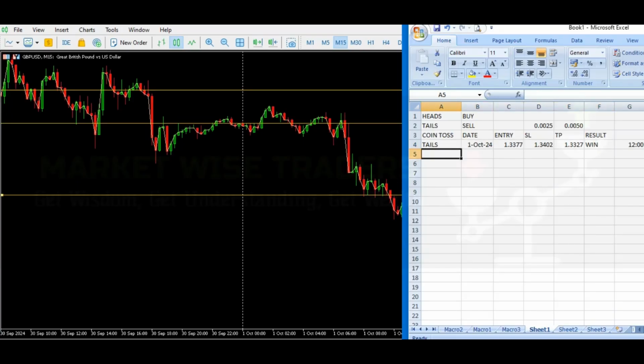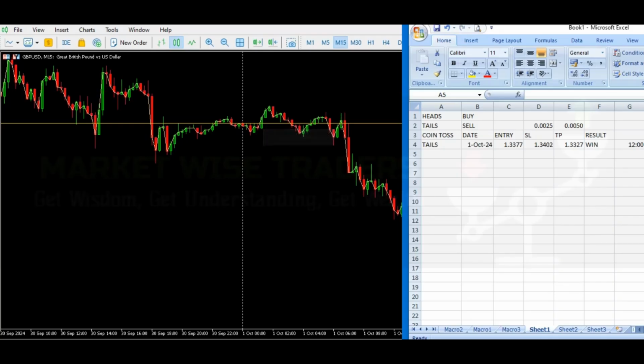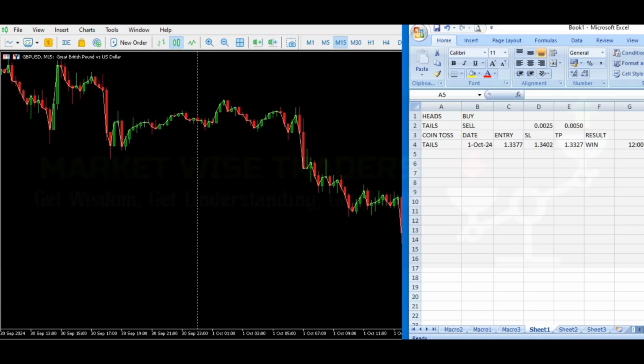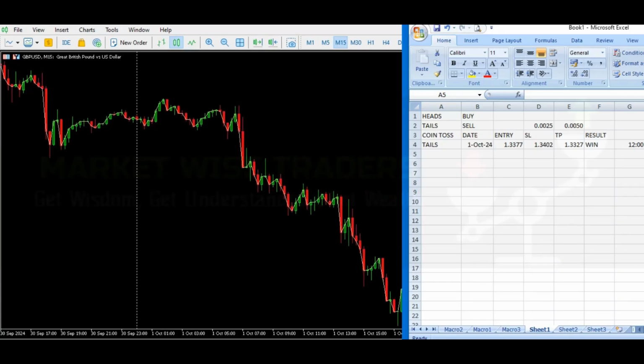I'm going to delete these lines. That was my entry line. So we're going to do the next day, and I'll toss the coin again. That was 1st October, trade was done.